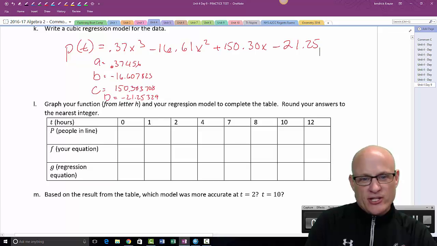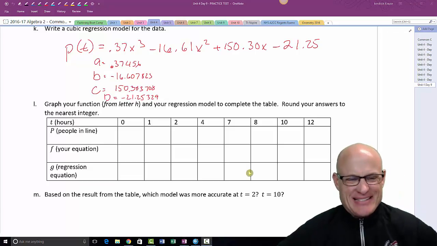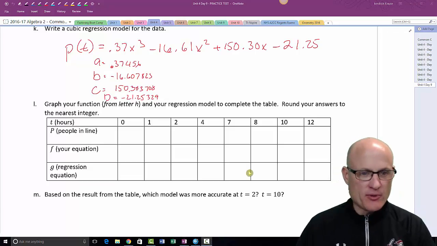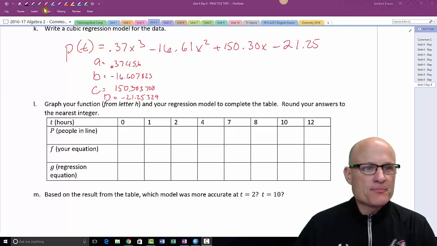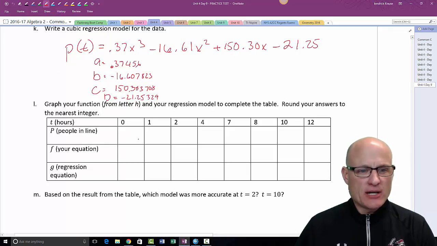Graph your function from H and your regression model to complete the table. Wow. So what I did was, while I was on a pause there, I went through, I should have copied these over.